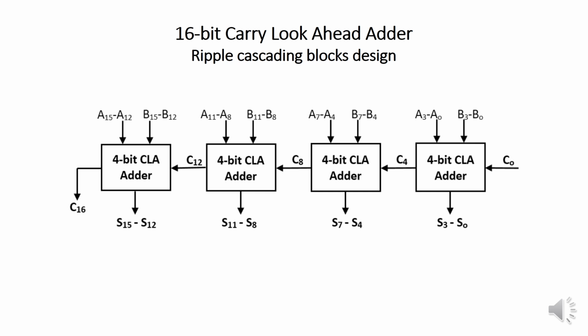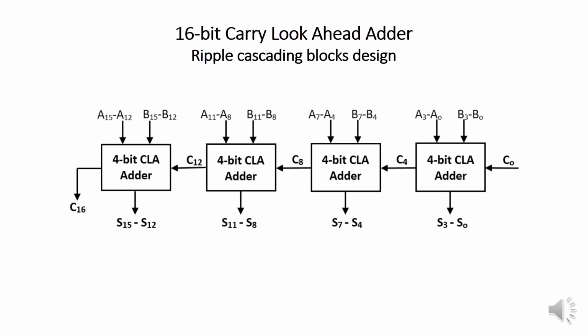This alternative consists in using as a basic building block a 4-bit carry look ahead adder module just like the ones we have designed. Then, repeating them 4 times, and connecting them in a ripple cascading chain, just like it is done in a ripple carry adder along the stages. As you can see, this alternative is a mix of a carry look ahead and a ripple carry adder.